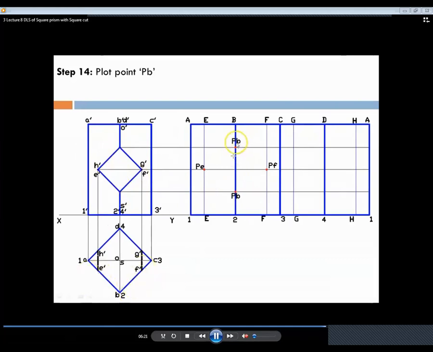In the same way, for the next half portion, you will have to repeat the plotting of the points.